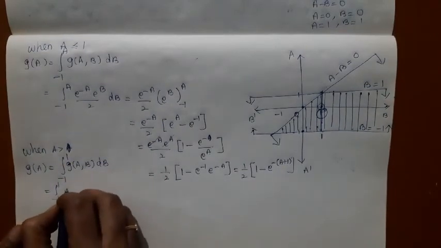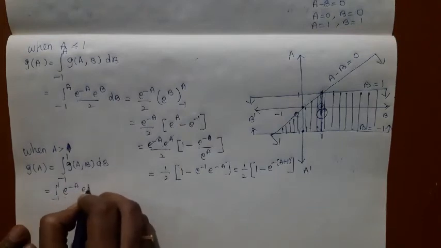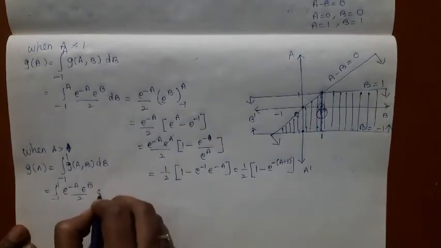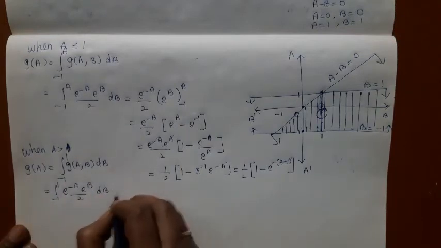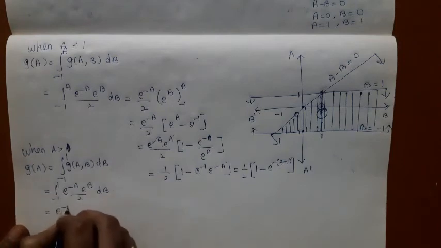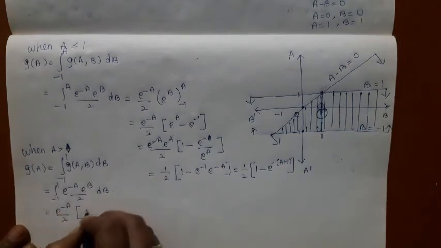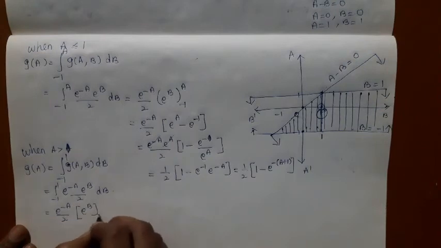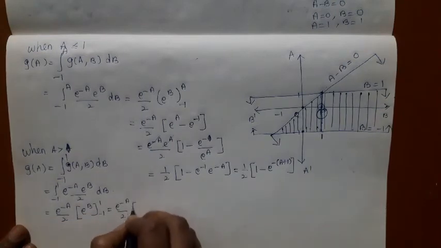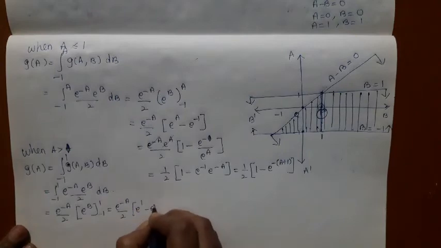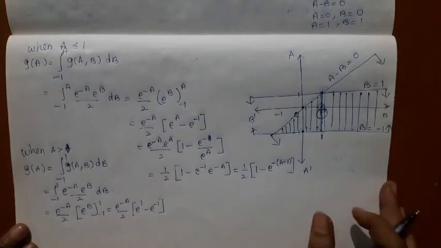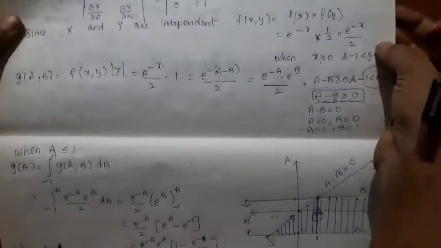What is G of A comma B? E power minus A e power B by 2. Right? So you get e power minus A by 2 outside. E power B on integration is e power B once again. So e power minus A by 2 into e power 1 minus e power minus 1. Right? This is your answer.